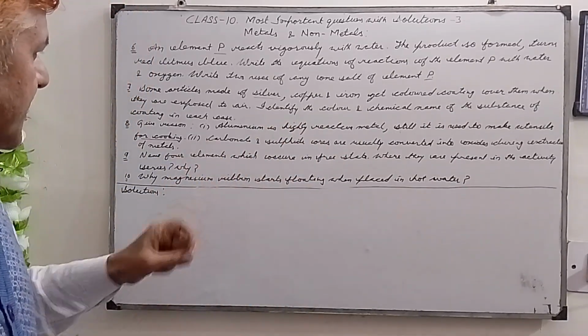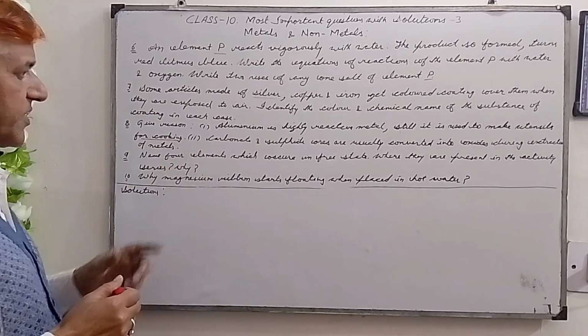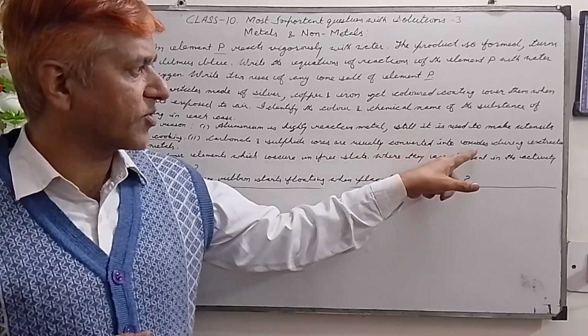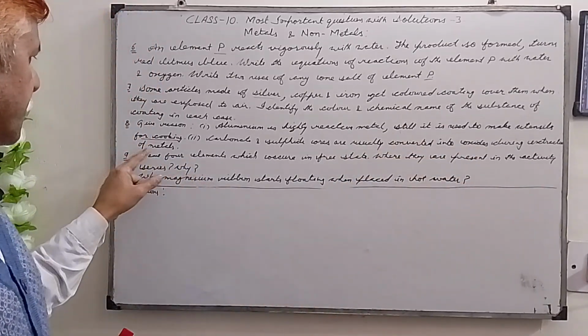Please remember this. Second is, carbonate and sulfide ores are usually converted into oxides during extraction of metals.